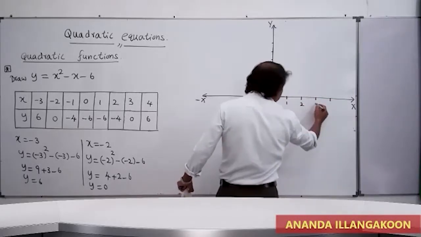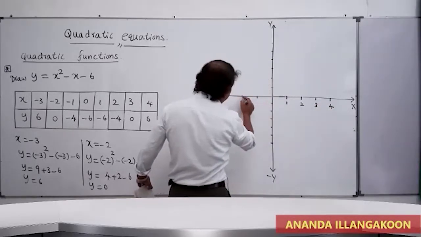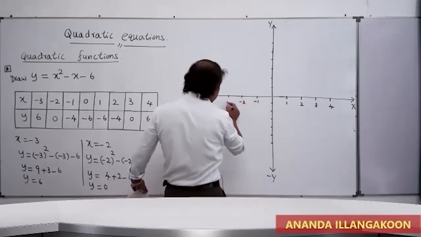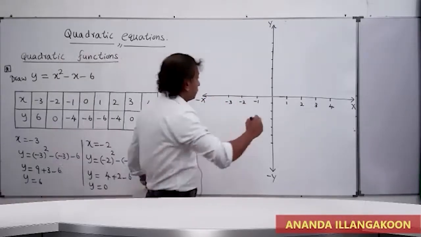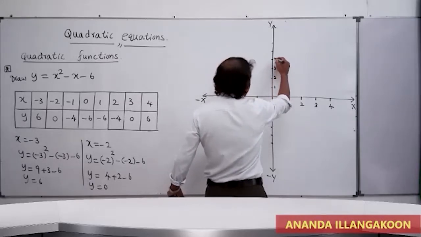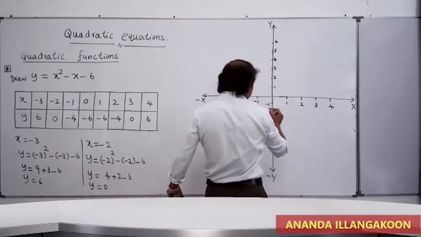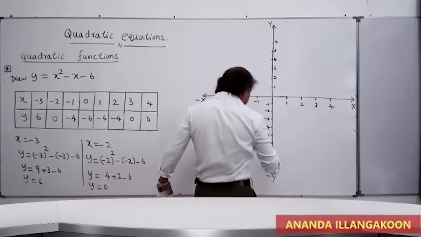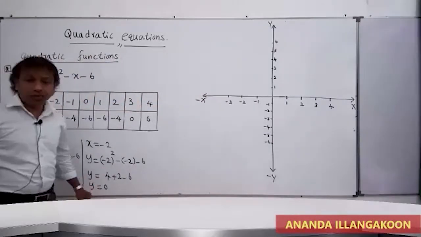This side minus 1, minus 2, minus 3. These values on the y-axis: 1, 2, 3, 4, 5, 6, and minus 1, minus 2, minus 3, minus 4, minus 5, minus 6. Okay. Now we will plot the points.